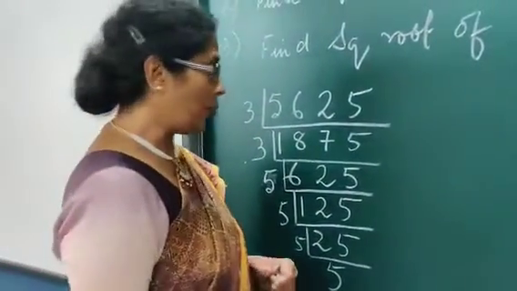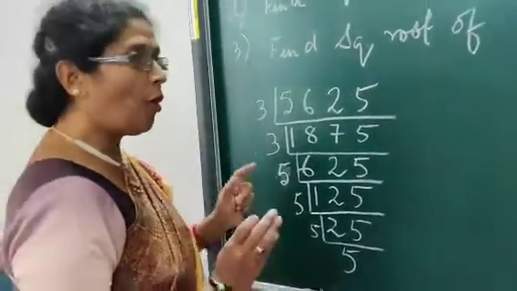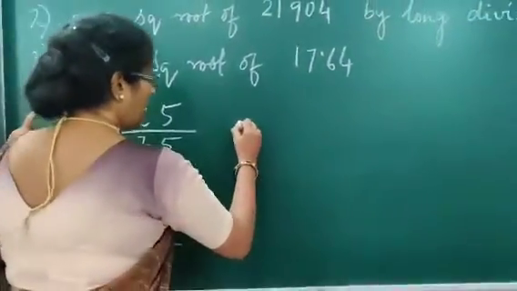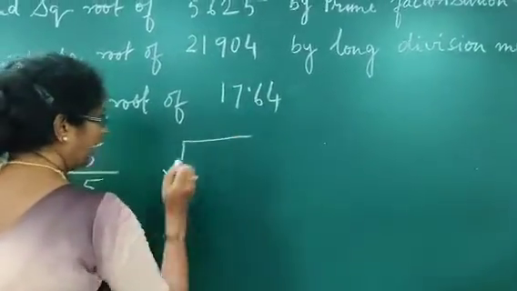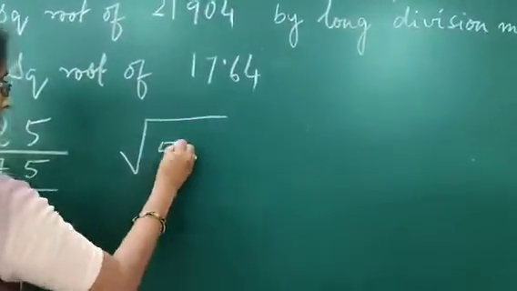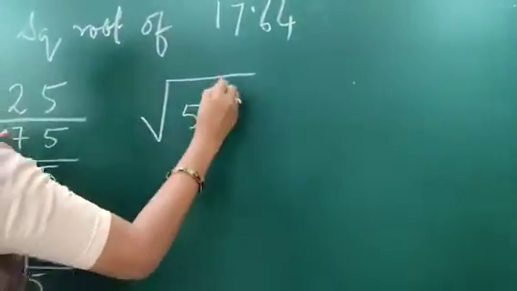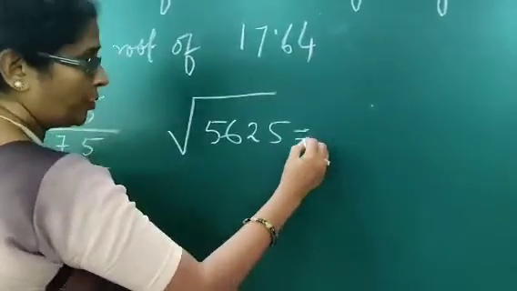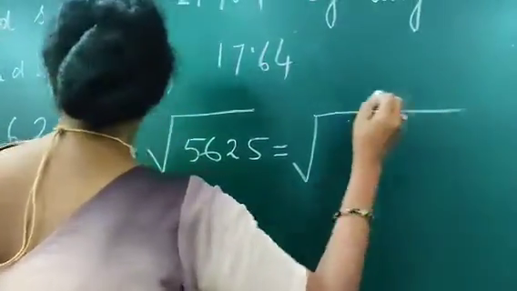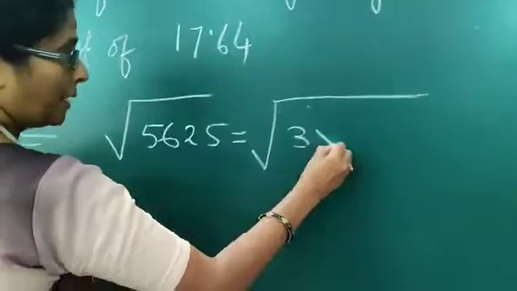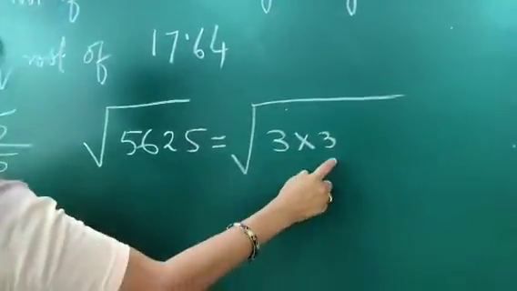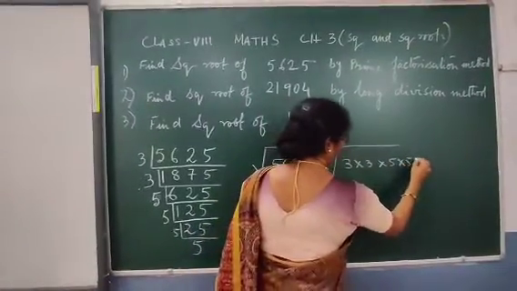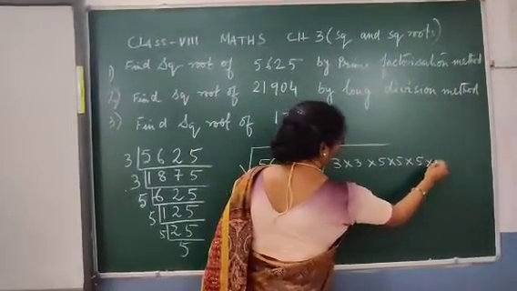Now to find a square root, we have to take pairs of the same prime factor. If I write the square root, denoted by this symbol, you have to write the root over 5625 is equal to the root over the prime factors we are getting: 3 into 3 into 5 into 5, again 5 into 5.